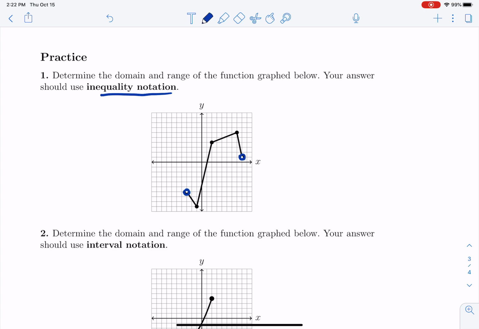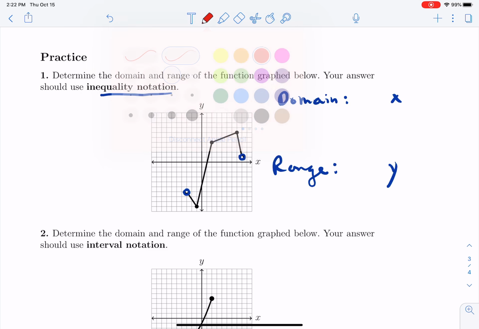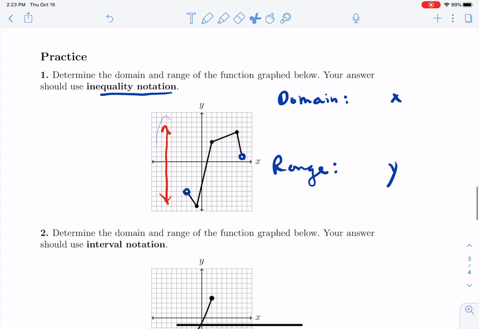So in inequality notation, we're interested in the domain and the range. I'm going to start us off by putting an x and a y so I don't forget. Now for the domain, which is the x values, if I need to, I can draw a vertical line.